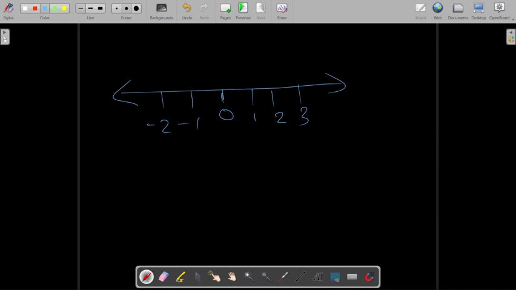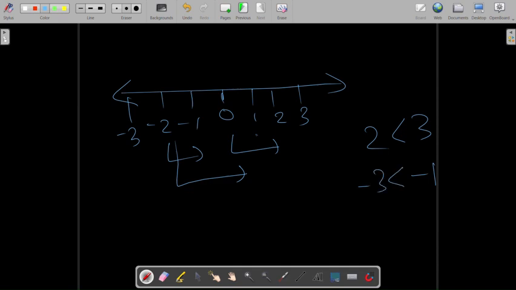See, minus 1 is greater than minus 2, 0 is greater than minus 2, 1 is greater than 0, 3 is greater than 2, minus 1 is greater than minus 3, and so on. And if an integer lies to the left of another integer, then that will be less, like minus 1 is less than 0, 1 is less than 3, and so on.